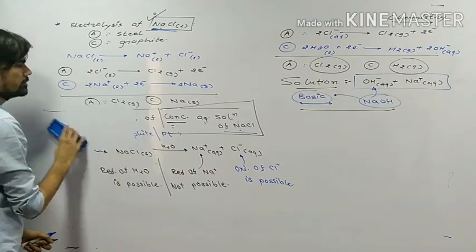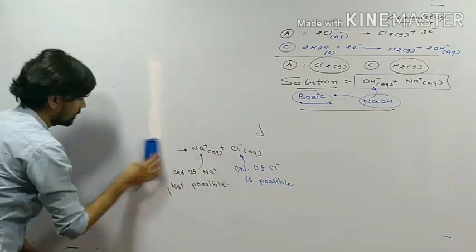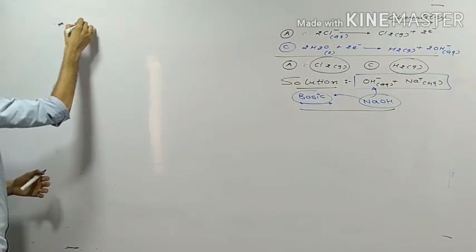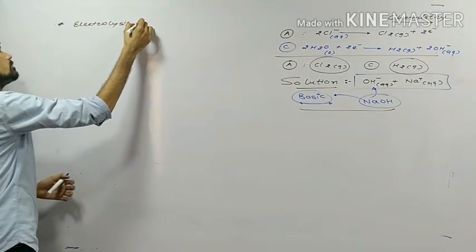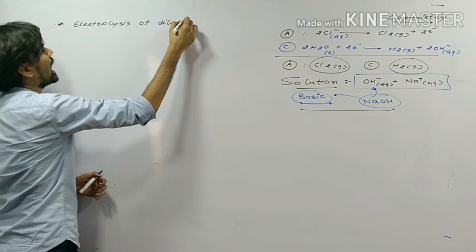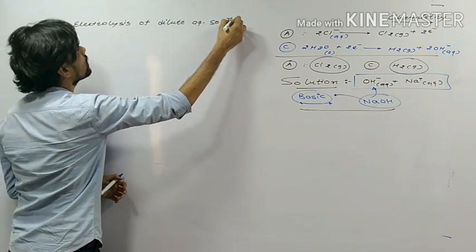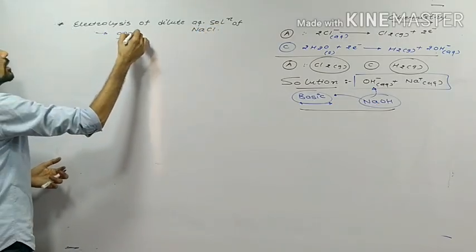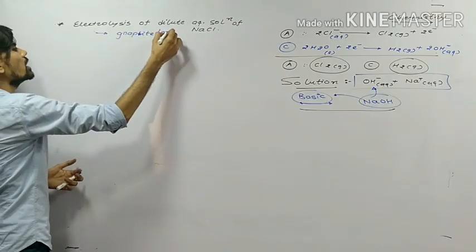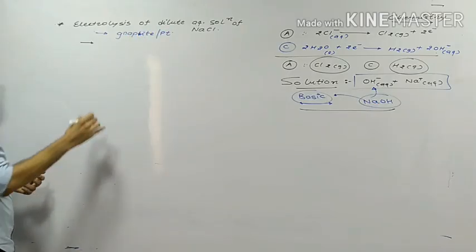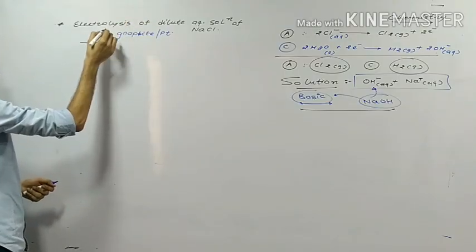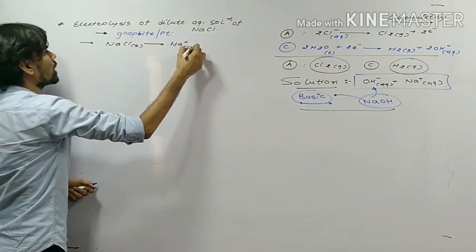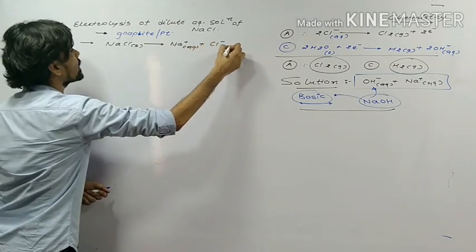If we electrolyze a dilute aqueous solution of NaCl with the help of graphite or platinum electrode, NaCl solid gives Na+ aqueous and Cl- aqueous.